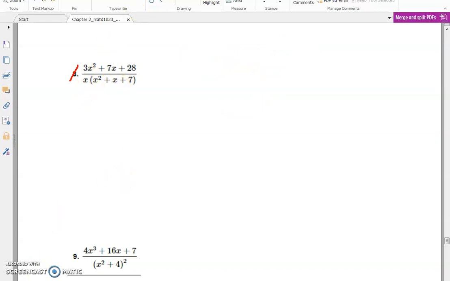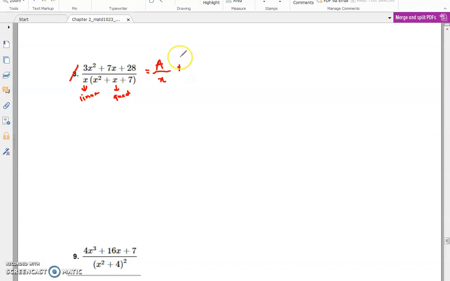Okay, we have determined that x is our linear factor, and x squared plus x plus 7 is our quadratic factor. So in order for us to decompose it into partial fractions, we are going to get a linear part with a single constant divided by x.